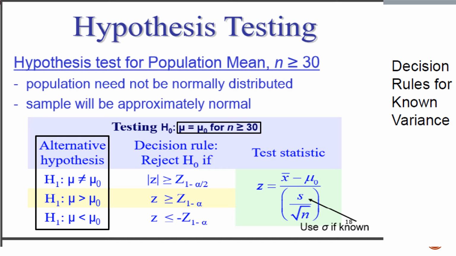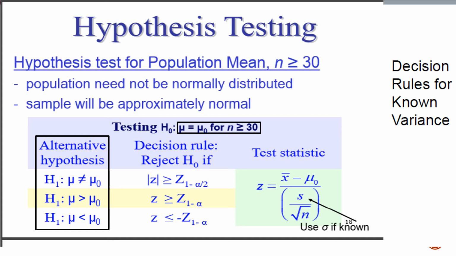Now, since our example asks if we can reject the claim, or whether the mean weight differs from 16, we are just going to use not equal, because it does not involve less than or greater than as a comparison.